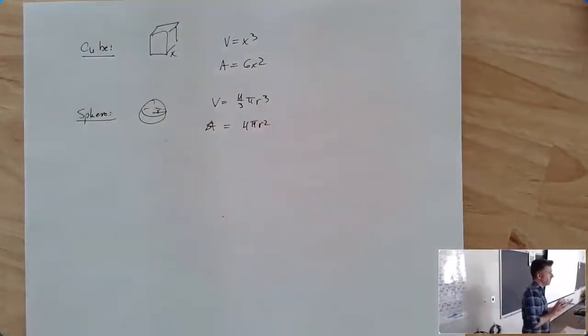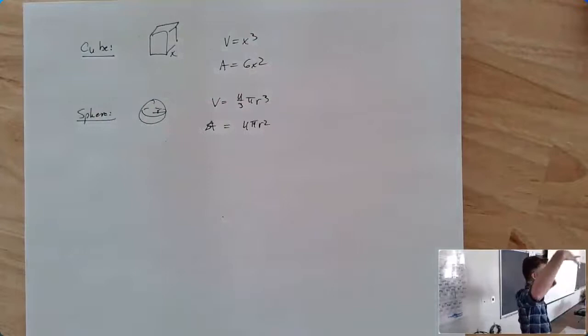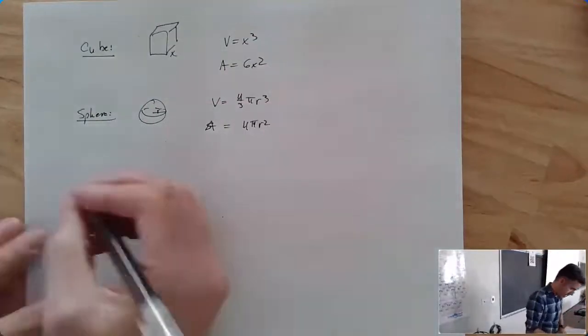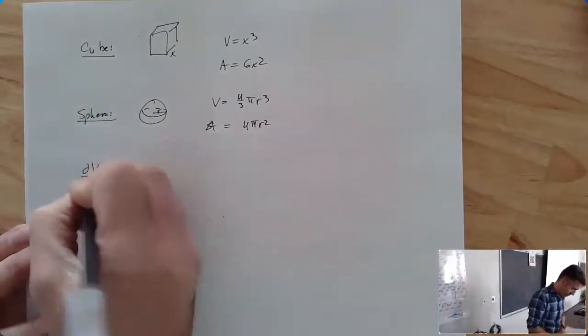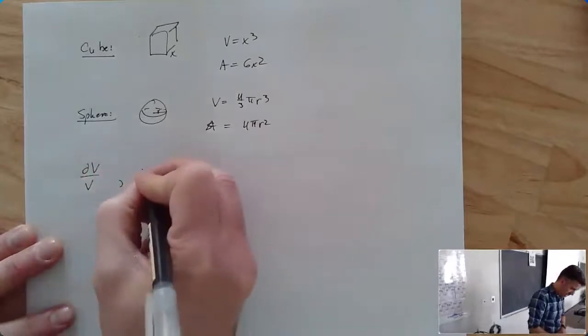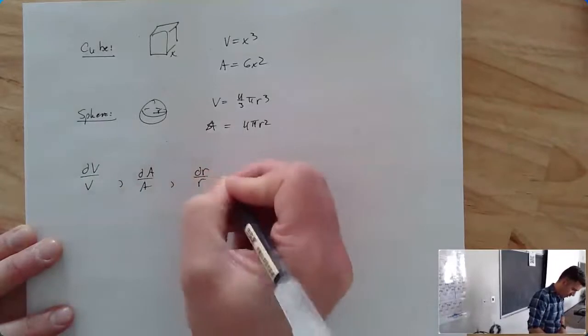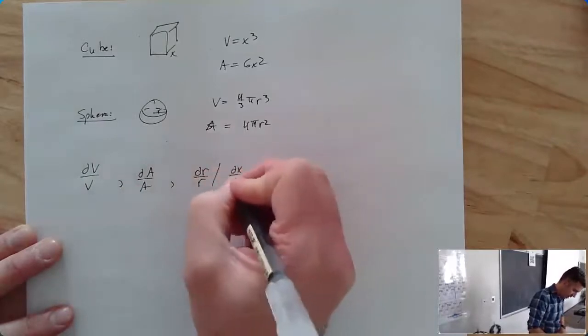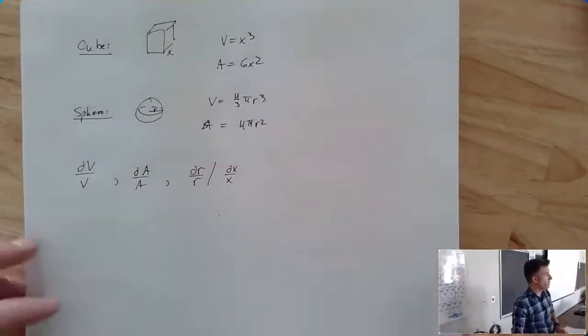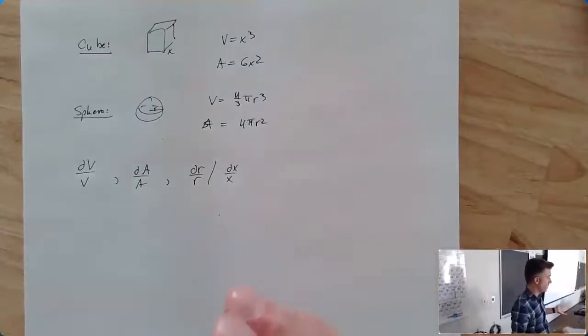So there's kind of 2 aspects of this thing: the d whatever over the same whatever. So I should say dV over V, or dA over A, or dr over r, or dx over x. Those are all relative error or relative change in the thing you're measuring.